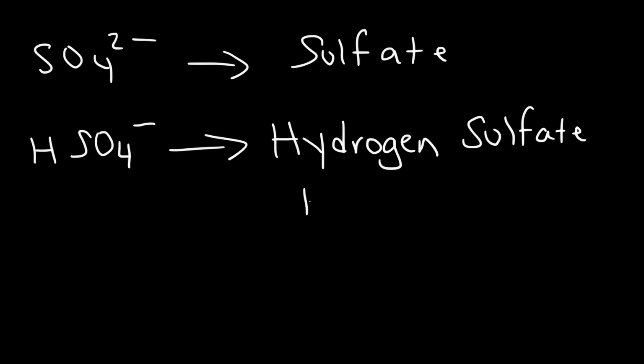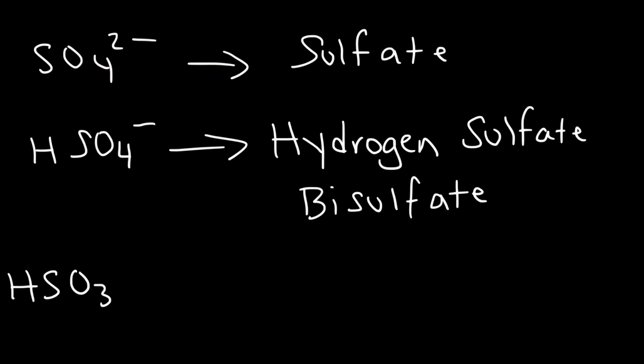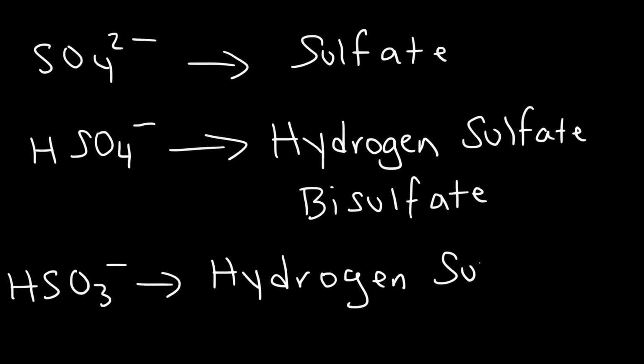Or you can call it bisulfate. So if HSO4 minus is hydrogen sulfate, then what is the name of HSO3 minus? This is called hydrogen sulfite because it has 1 less oxygen. It always has 1 less oxygen than ate. You can also call it bisulfite.